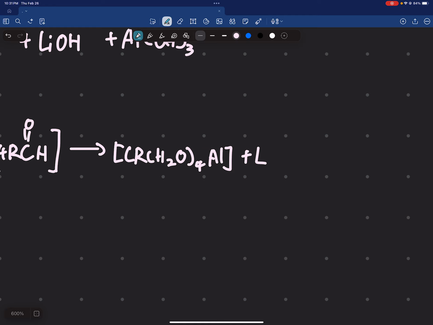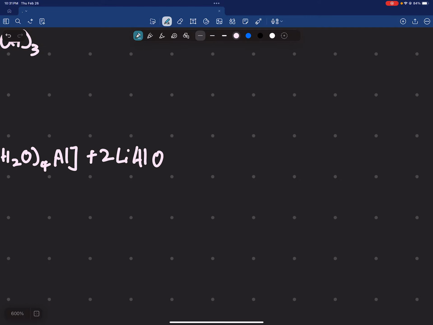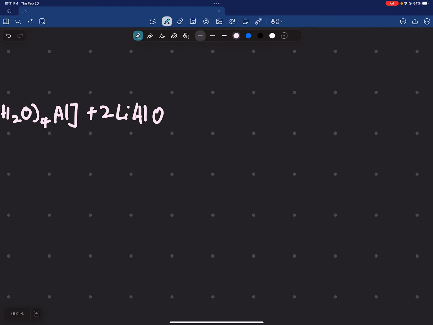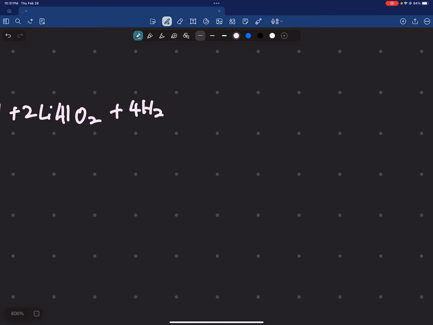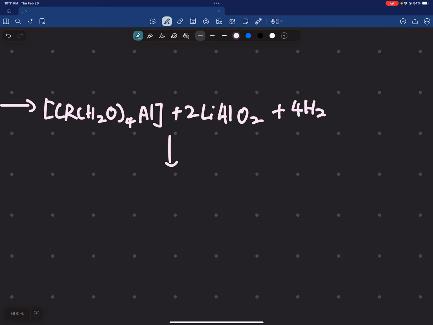And 2 equivalents of lithium aluminum hydride and 4 hydrogens, and this with water, 4 equivalents of it.